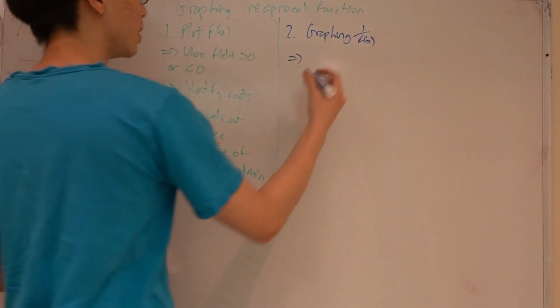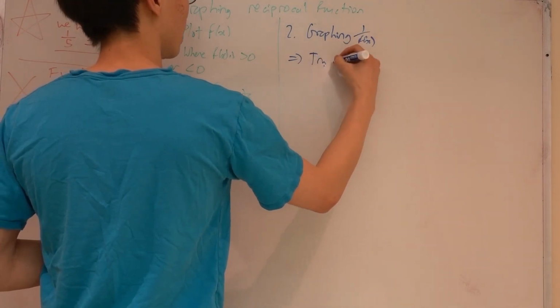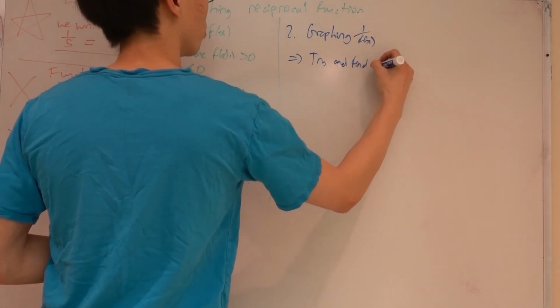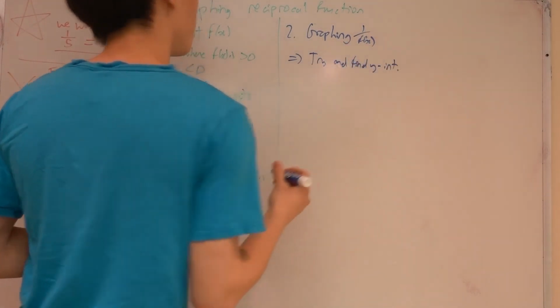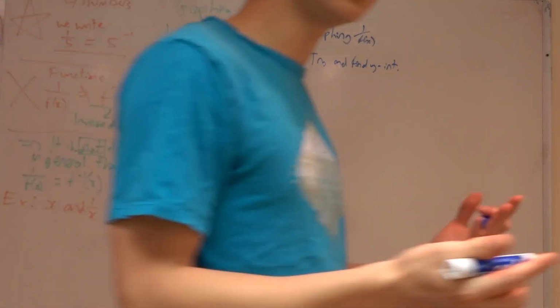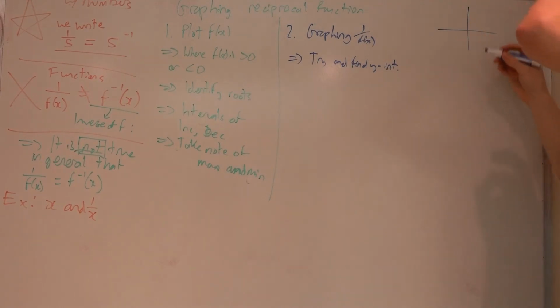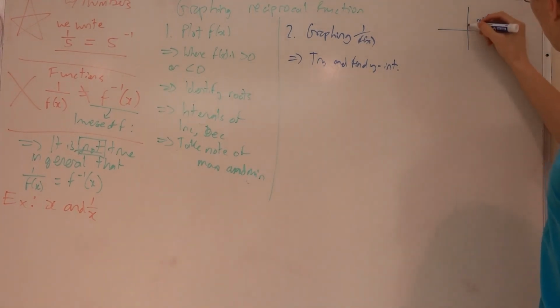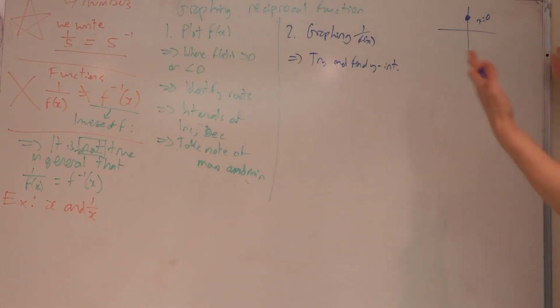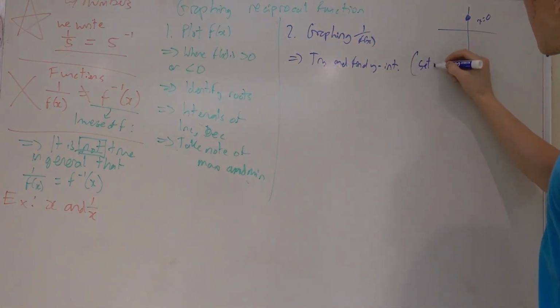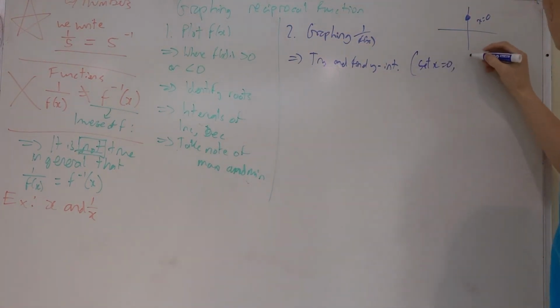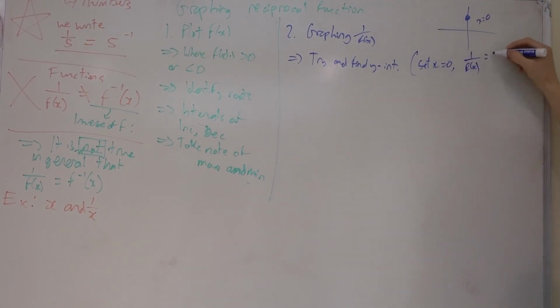So your first step is to try and find the y-intercept. Okay. Remember, what does a y-intercept mean? It means that on a graph, x is equal to 0, right? So let's say your y-intercept's here. That's the point that happens when you plug in x equals 0. So really what I'm saying is set x equals 0 and just plug it into 1 over f of x. Okay? So 1 over f of 0 will be your y-intercept.